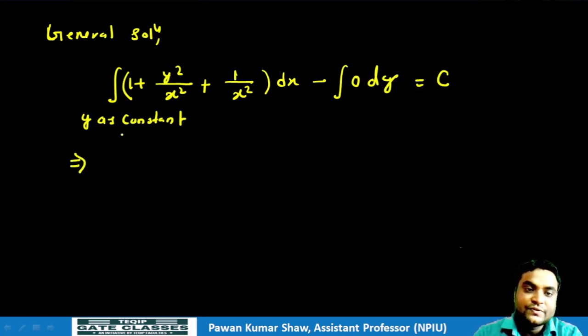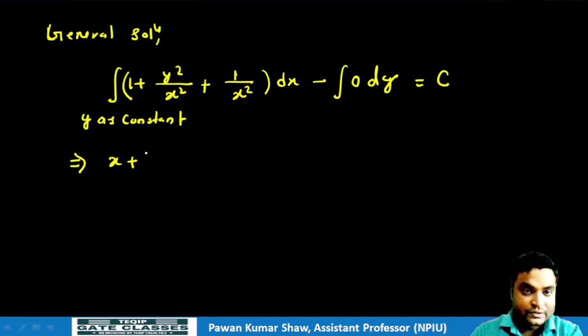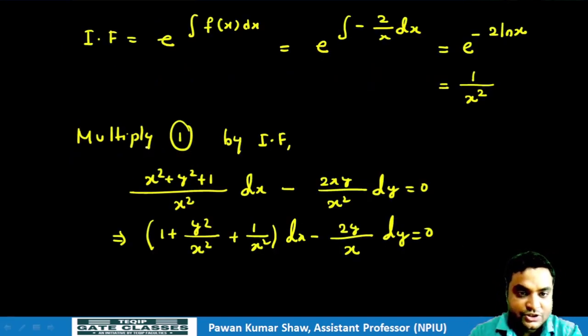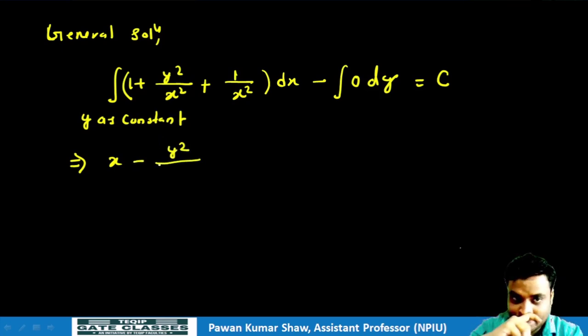So now we can do the integration. In the integration we assume that y is a constant, so it's x plus, y square times the integration of 1 by x square, which will be minus 1 by x. Have I done the correct calculation? x square plus y square divided by this one, yes, correct calculation. So y square, and the integration of 1 by x is minus 1 by x, plus, what about this one?